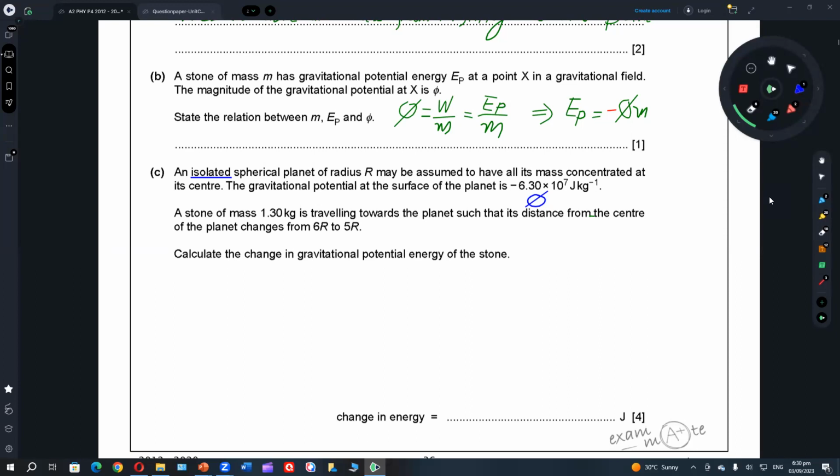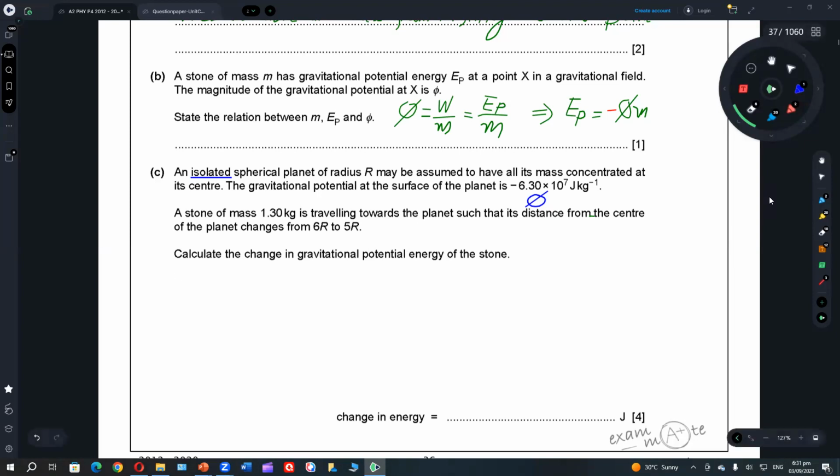Gravitational potential at position R is given. So I can find the potential at 6R, I can find the potential at 5R, and then I can subtract. So let's start with potential.